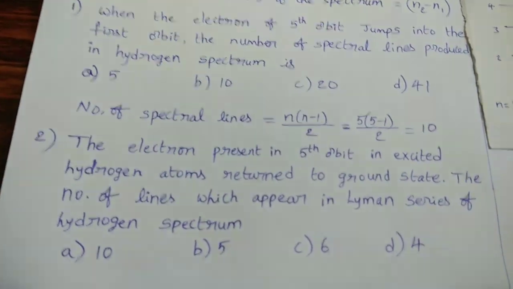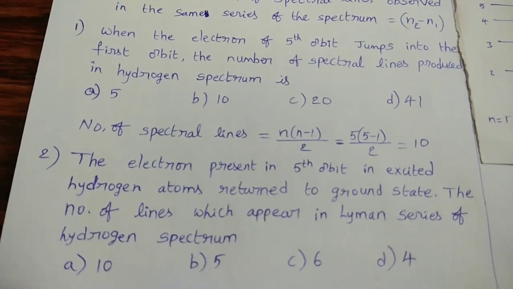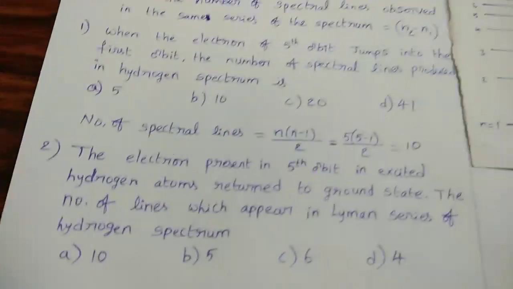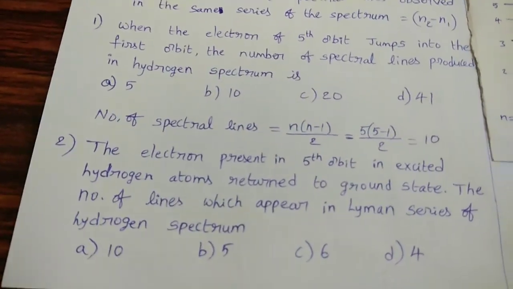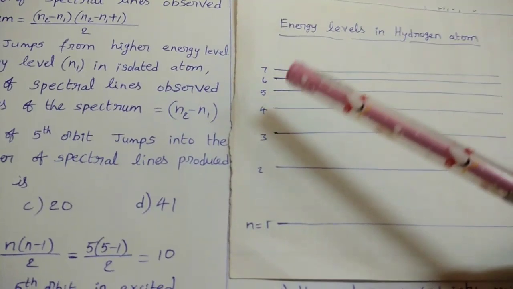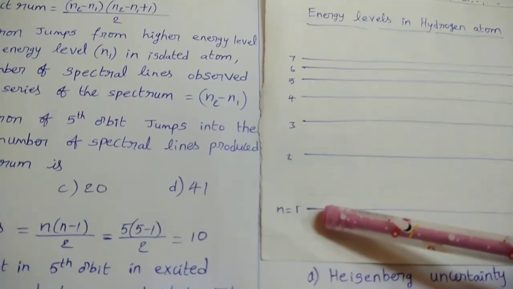Students, understand this question carefully. Higher energy level 5th orbit, lower energy level ground state. Electron jumping takes place from the 5th orbit to the 1st orbit. In that case, 4 possibilities are there. Electron transition occurs directly from 5th to 1, that is one possibility.